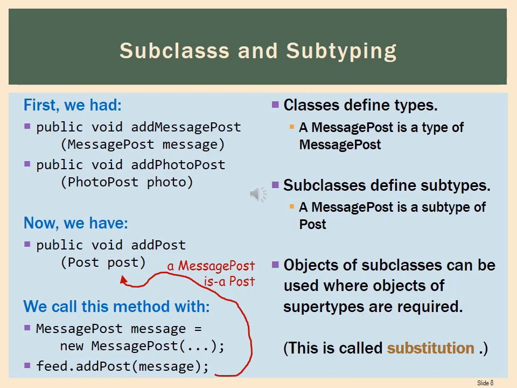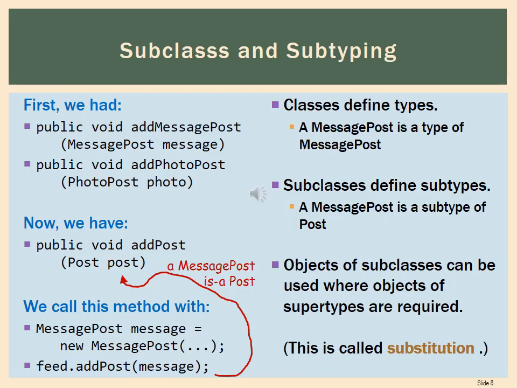So when I can do this, this is called substitution. And substitution just says that whenever I have a call to a method and I need to pass it the superclass, I can also pass it an instance of the subclass. And the reason for this is simple. Remember our UML diagram with generalization, and we saw those arrows pointing to the superclass from the subclass.